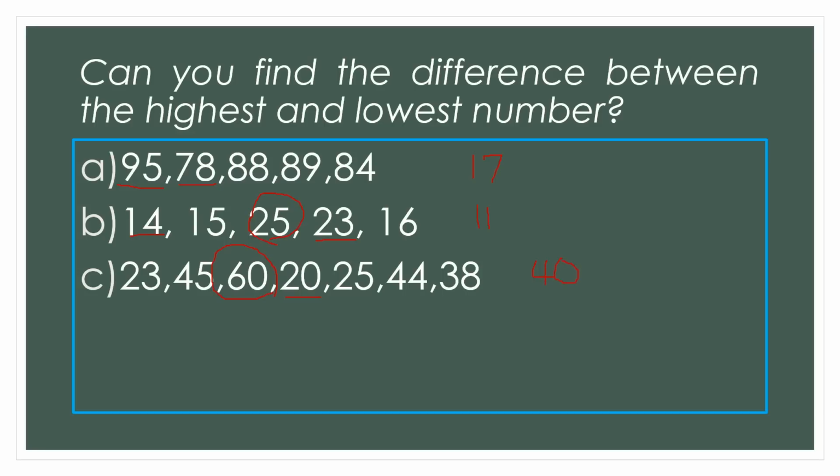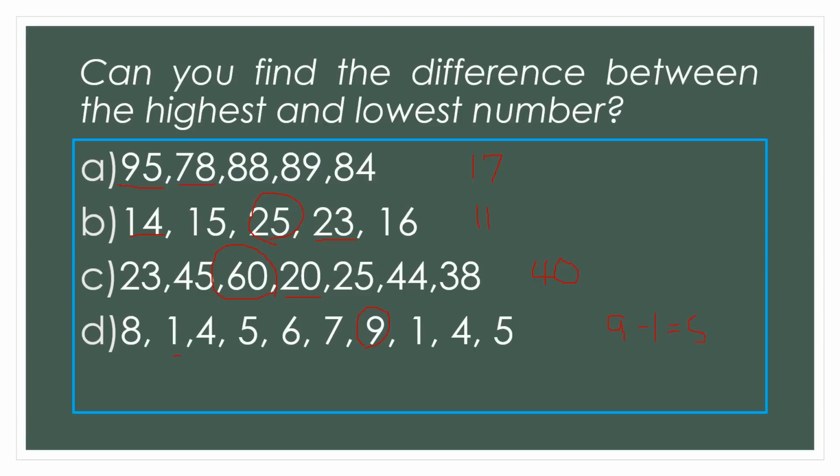Next, we have this set of numbers. What is the difference between the highest and lowest? The answer is 8, because the highest number is 9 and the lowest number is 1, and 9 minus 1 is equal to 8.